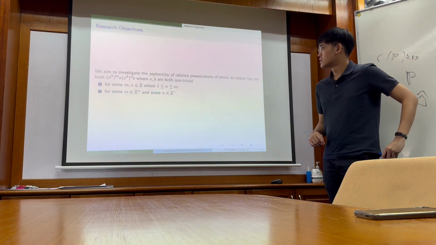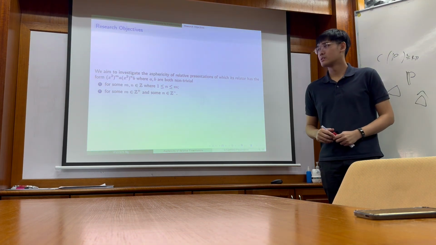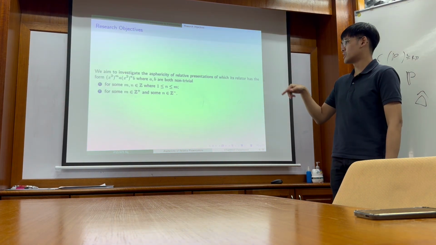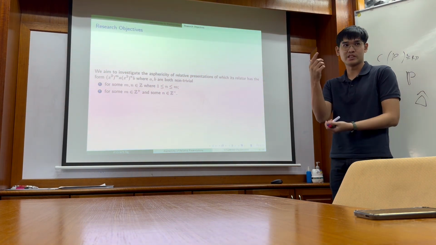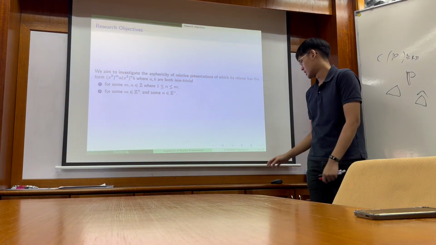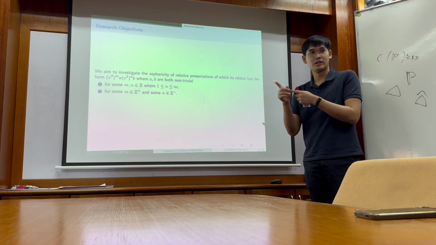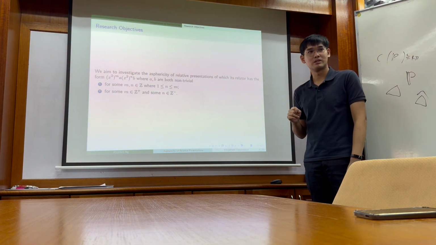For positive, we have two types. Actually they are similar in the sense that they have the same length, but I put positive and negative because in the picture the drawing of the arcs, the arrows, will be different.